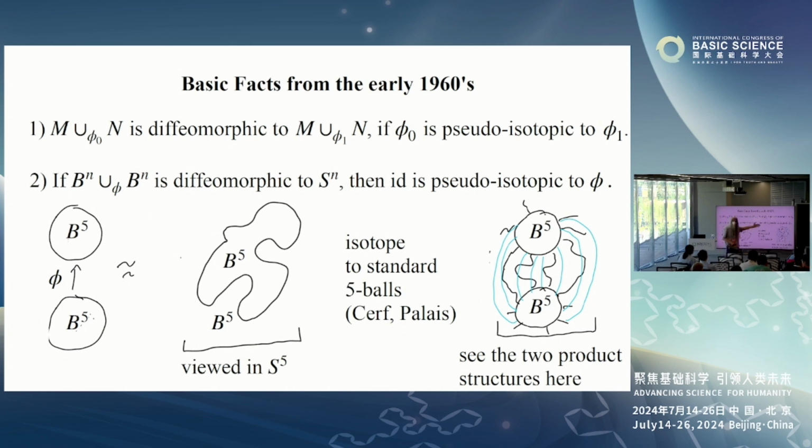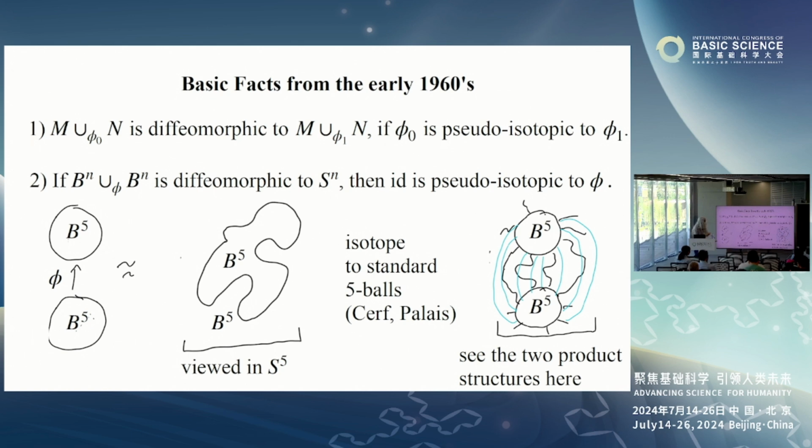If you have two standard 5-balls, what's between them is S4 cross I. But on the other hand, in the process of isotoping these things to be standard, you might see another product structure. And so this shows how to see this pseudo-isotopy to the identity.